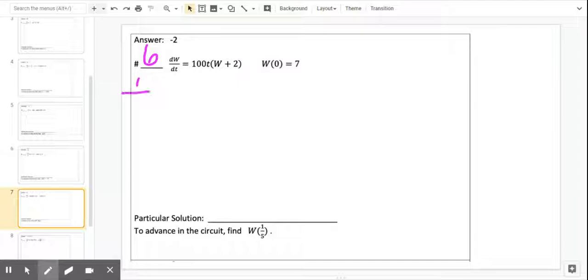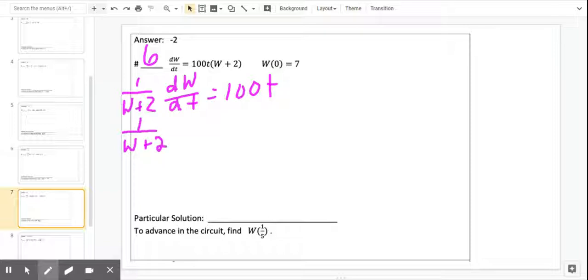So then I have 1 over w plus 2 dw over dt equals 100t. Now my problem is this dt over here because we've got all w's and then this dt. So I'm going to multiply by dt on both sides. So 1 over w plus 2 dw equals 100t dt. And then we'll integrate both sides.